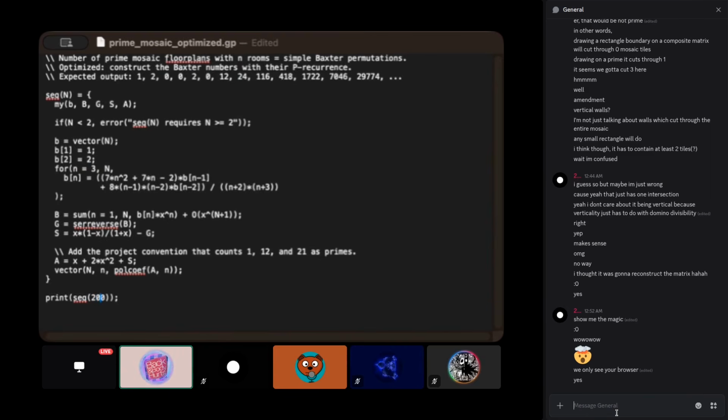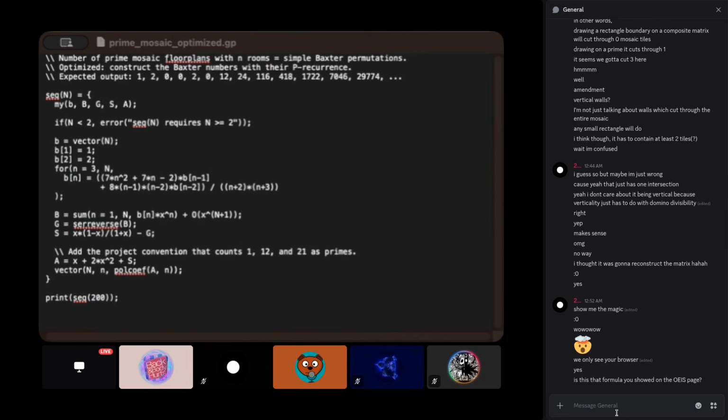So if I set it as 200, let's see if I can run this. This particular formula is based off of the generating function of Baxter permutations.